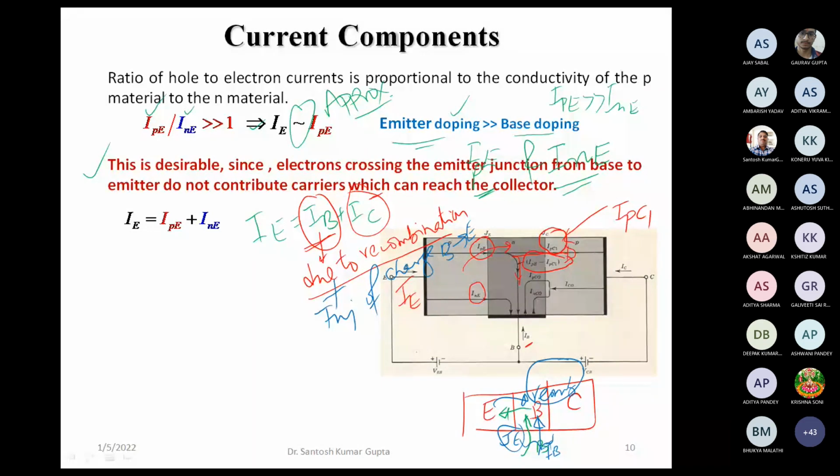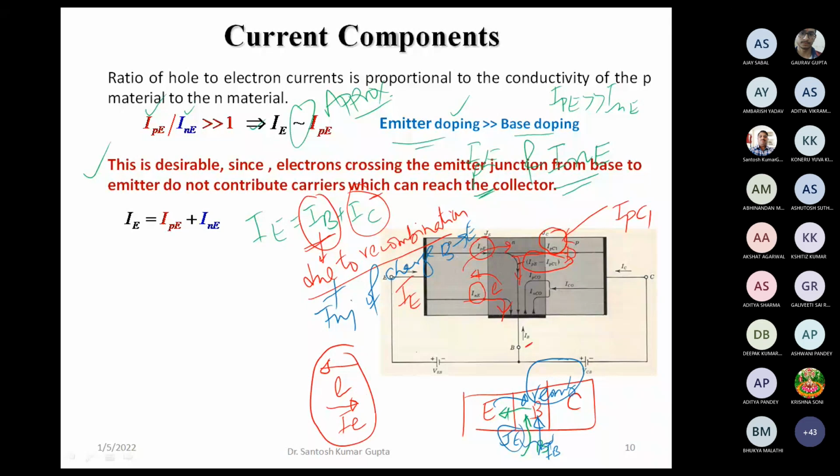Another component is that electrons are injected from the base into the emitter, forming a current INE in this direction. Whenever electrons flow in one direction, the current is in the opposite direction.